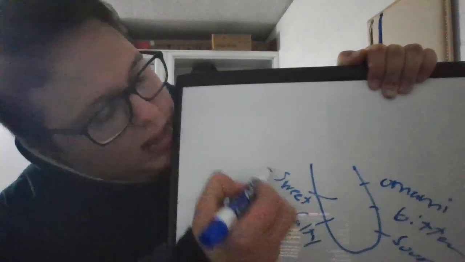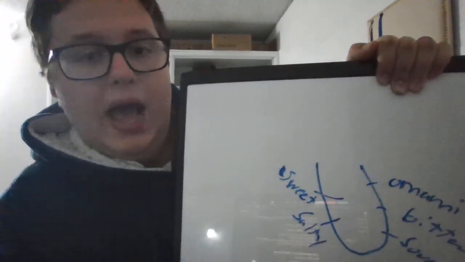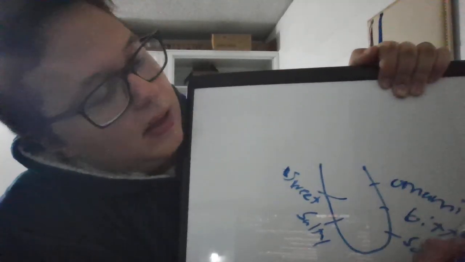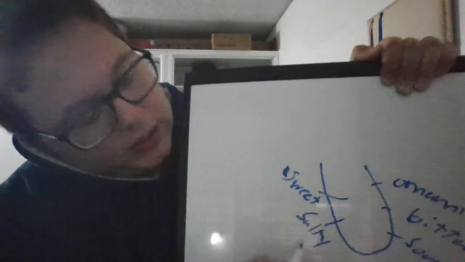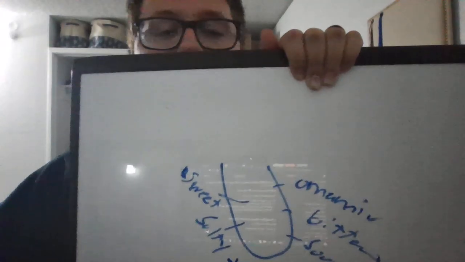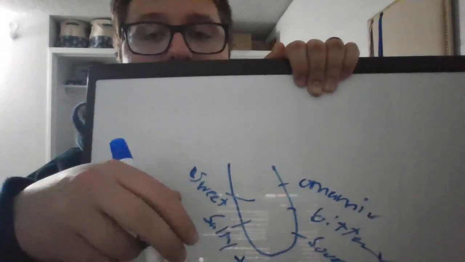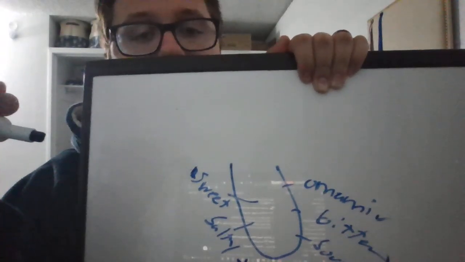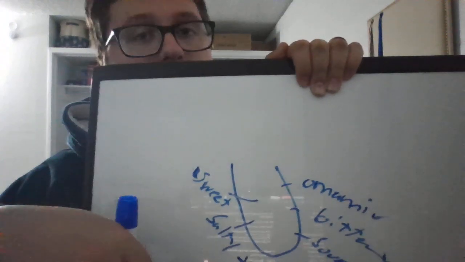Sweet, bitter, and umami use G protein pathways, while salty and sour use ion channels. When these cells depolarize, they release neurotransmitters onto sensory neurons, and that produces action potentials to the brain. Okay.